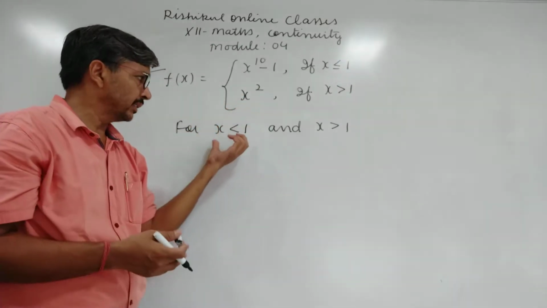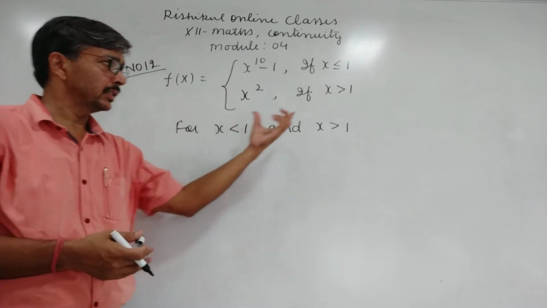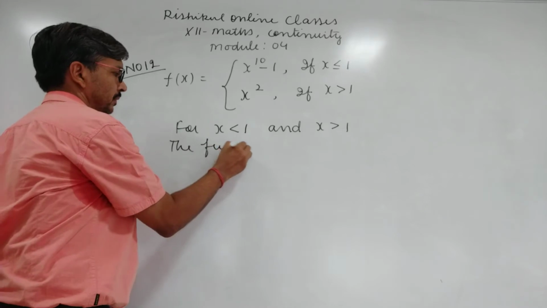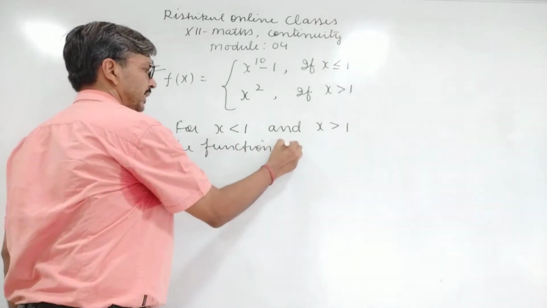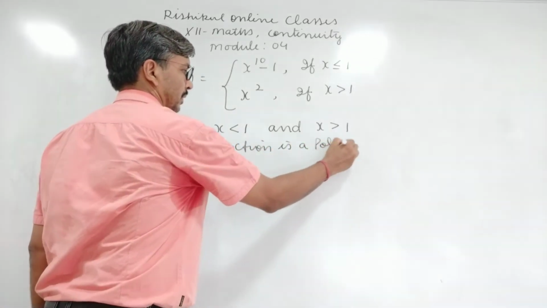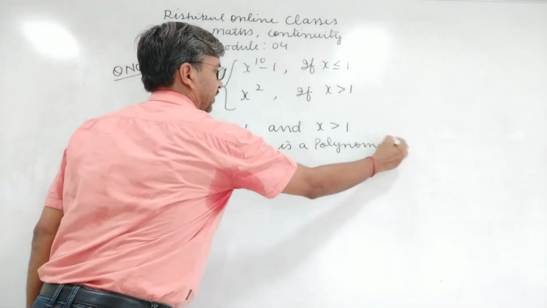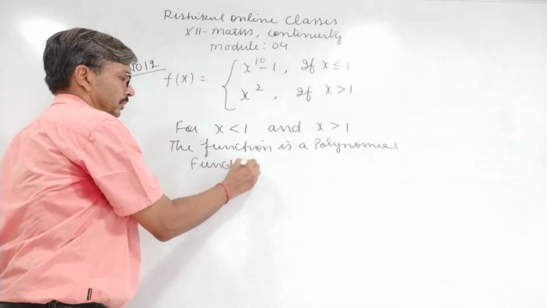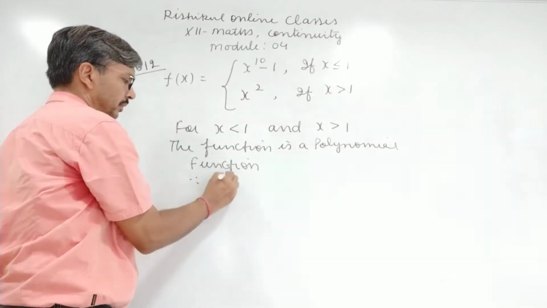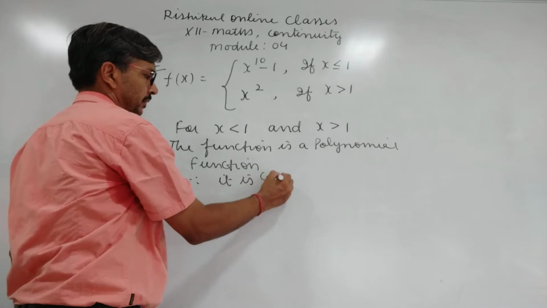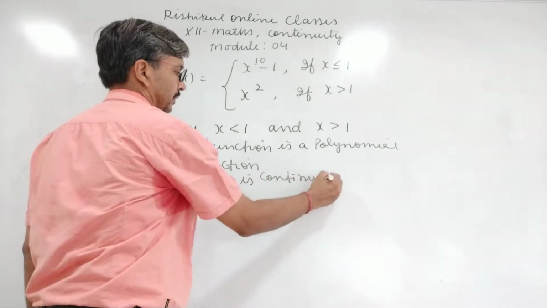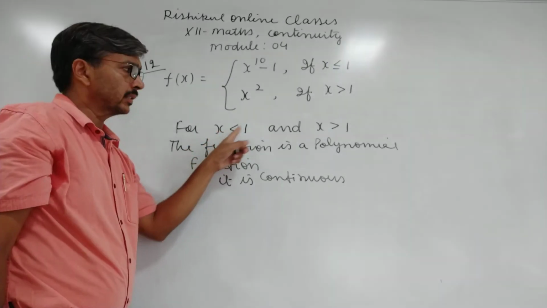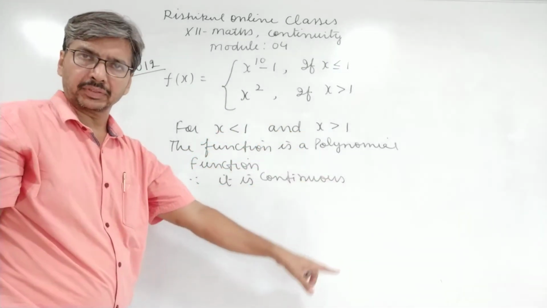So, for x less than 1 and for x greater than 1, the function is a polynomial function. Therefore, it is continuous. So, for x less than 1 and x greater than 1, f is continuous.